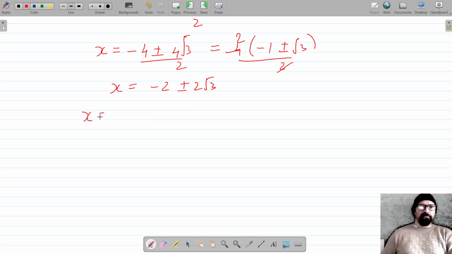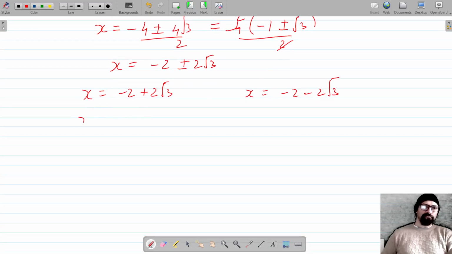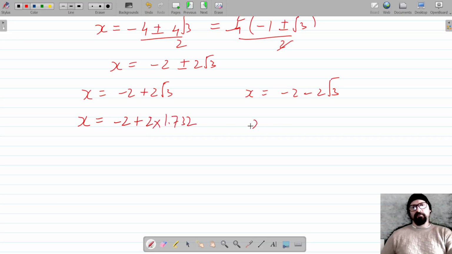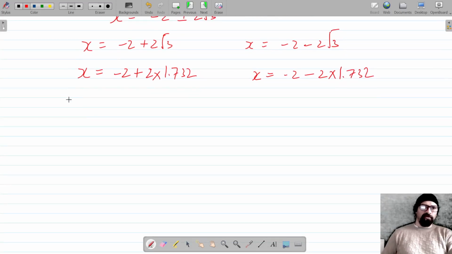So x is equal to negative 2 plus or minus 2 root 3. So either x is equal to negative 2 plus 2 root 3, or x is equal to negative 2 minus 2 root 3. Now the value of root 3 is 1.732, and we have to calculate this.